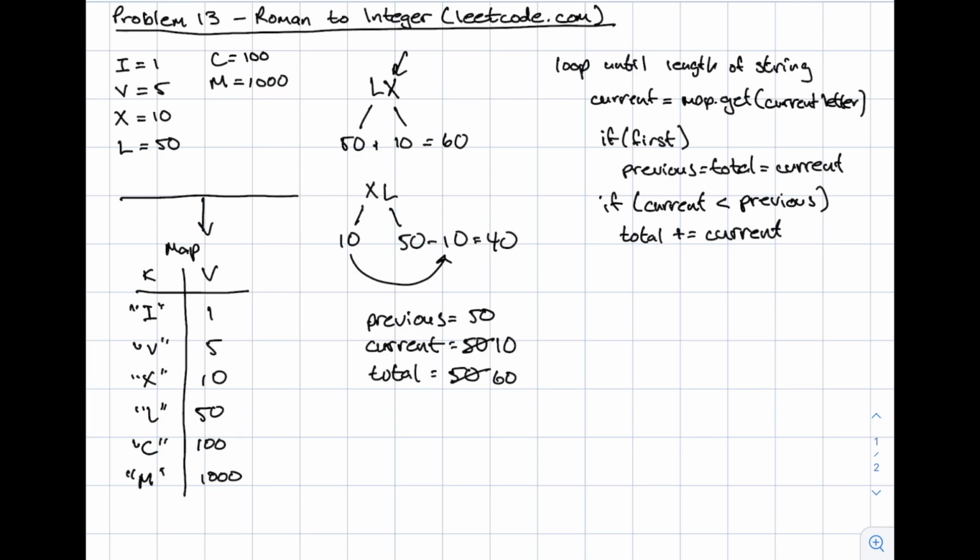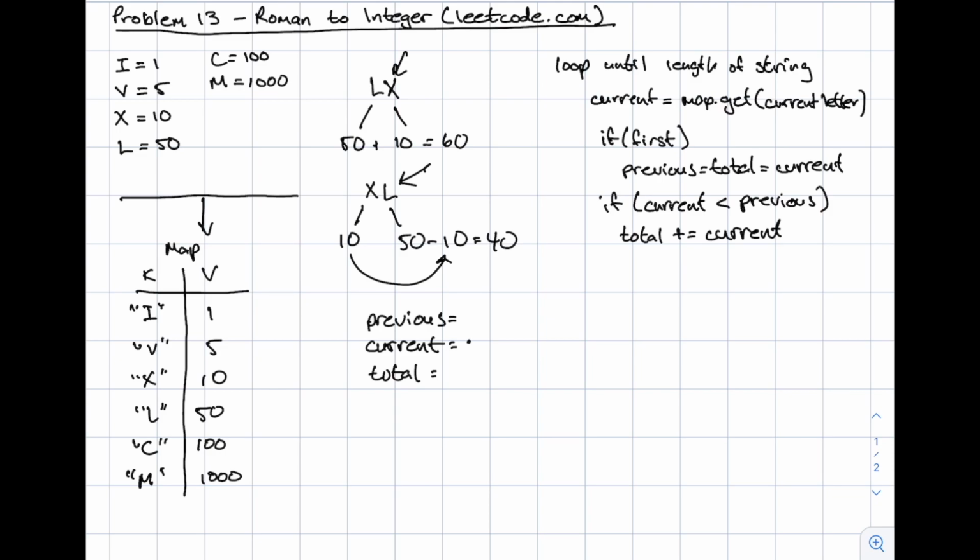But what about subtraction? When we have X and L, when we have that expression. So let's go ahead and start over for a little bit. X is our first letter, so we do a lookup. At first, we assign all of these, previous, current, and total, to the same value.